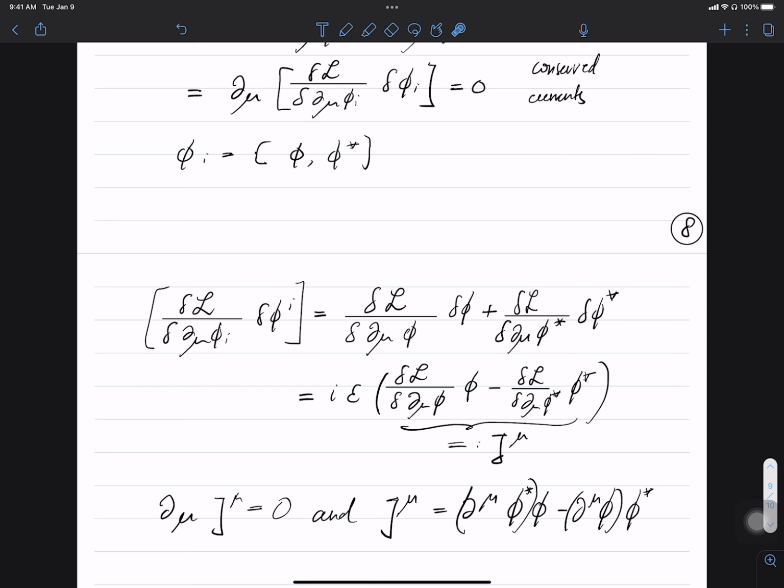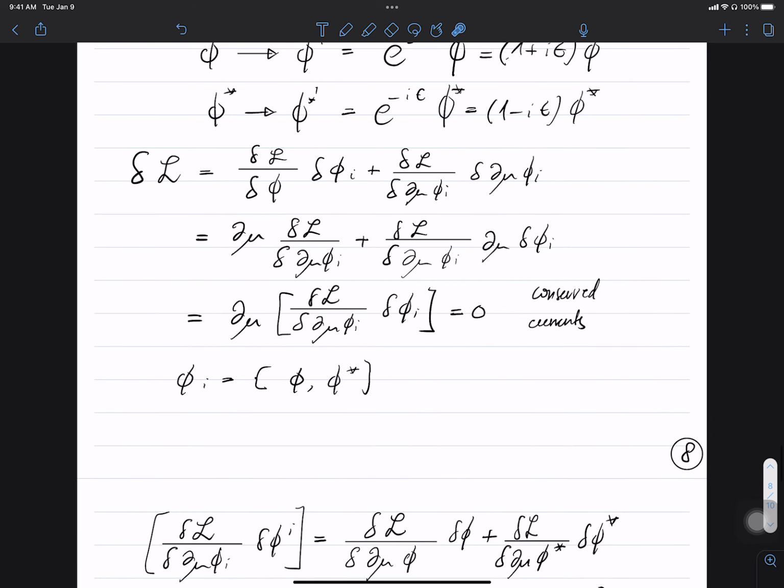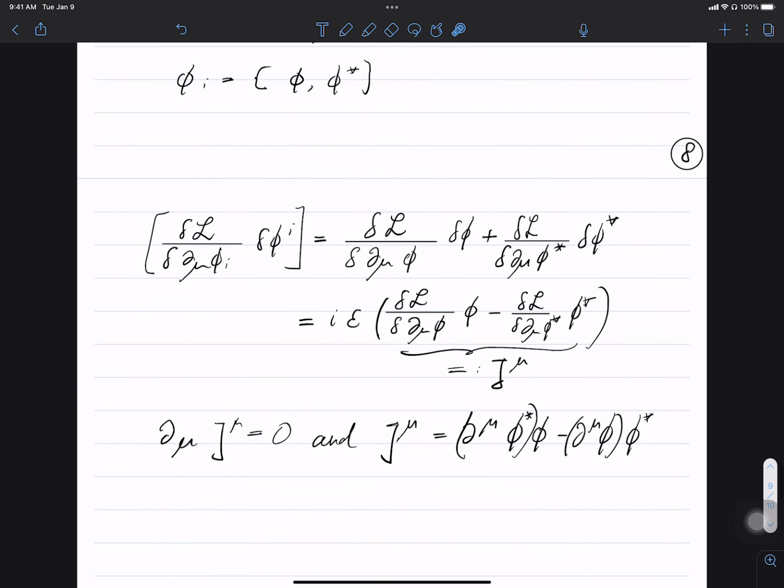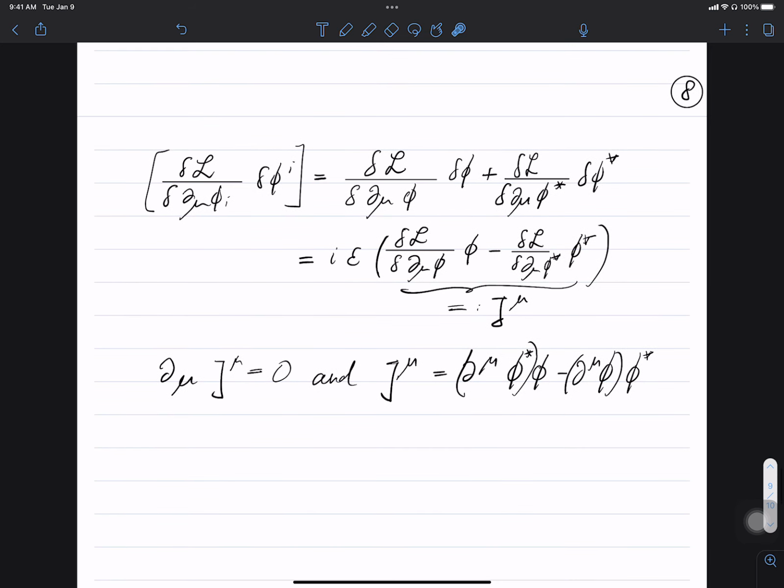It's just multiplying them by I epsilon or minus I epsilon. Then we could pull out I epsilon and get a relative minus sign. So we have the derivative of the Lagrangian with respect to phi times phi, minus the derivative of the Lagrangian with respect to the conjugated field times the conjugated field. This will be our conserved current as per the equations above.